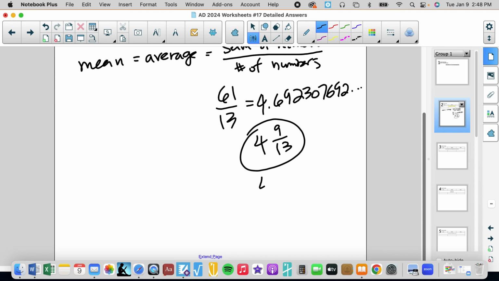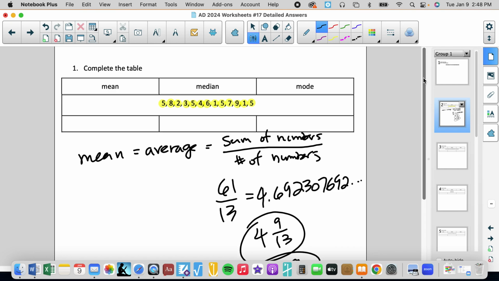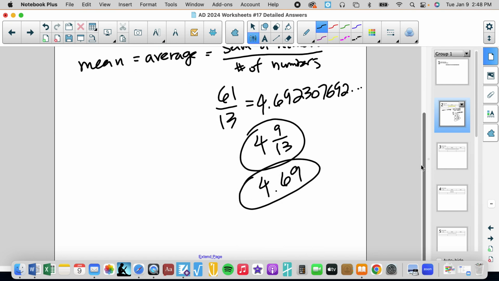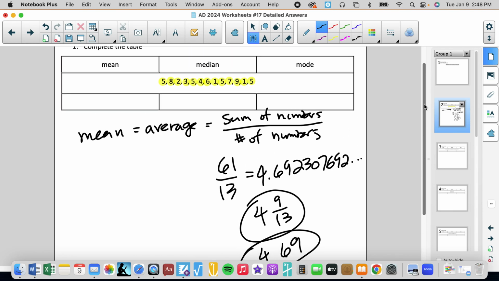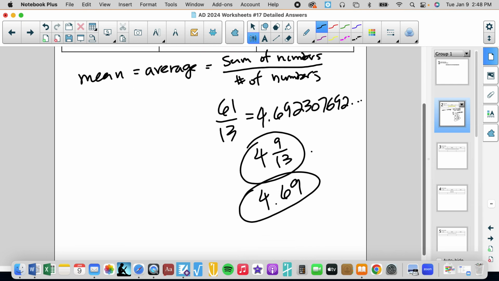I saw in the answer key it gave you 4.69. Why round to the hundredths? Why didn't you round to the tenths? To me, I would want more instructional answers, more directions on how. Do you want an exact number? This is exact. It's the only exact number you can give.